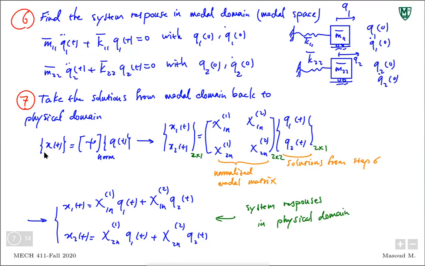Again, 2, 3, 4, 5, as long as you find the mass and stiffness matrices for that system, you can follow these exact steps. Here it is 2, so step 6 gives us 2 equations. If it was a system with 5 degrees of freedom, you would have 5 equations. Solve each of them in a similar fashion, each of them being a single degree of freedom system, and then take the solutions back to the physical domain.